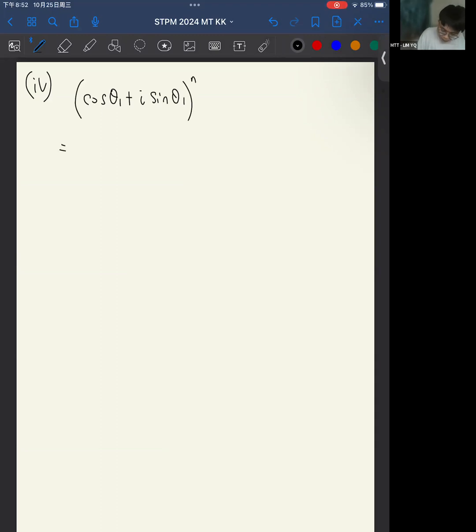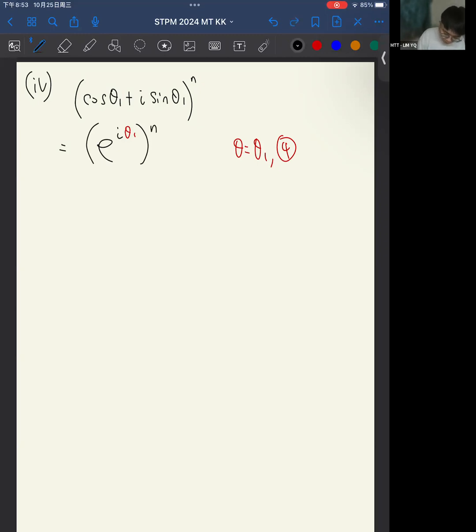Now you want to prove De Moivre's theorem by using Euler's formula, again equation 4. Applying equation 4 by substituting theta equal to theta 1, I just simply write like this, meaning you substitute this into 4. So it becomes e to the i theta 1, power n.